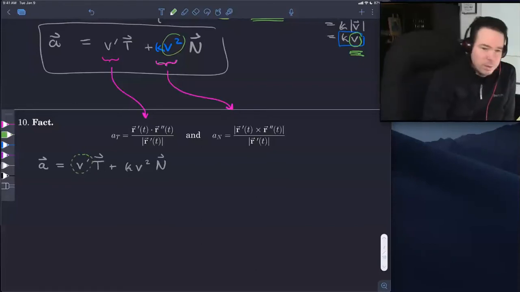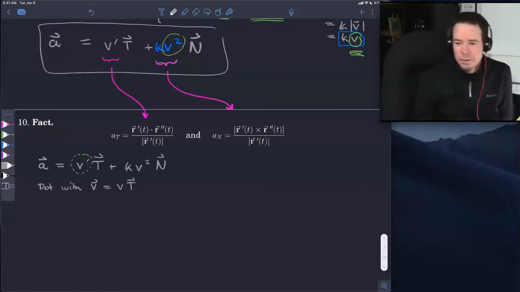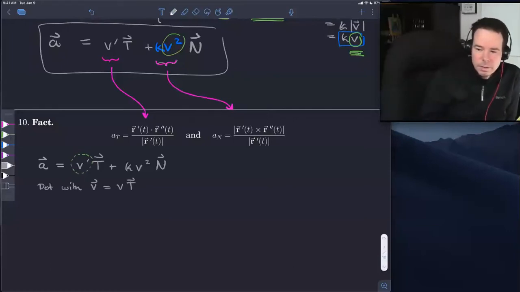But I already know that the normal vector is perpendicular to the tangent vector, and the tangent vector is in the direction of velocity. So what I'm going to do is dot this whole expression with the velocity vector. And that velocity vector is just the magnitude of it, v, times the unit tangent vector.